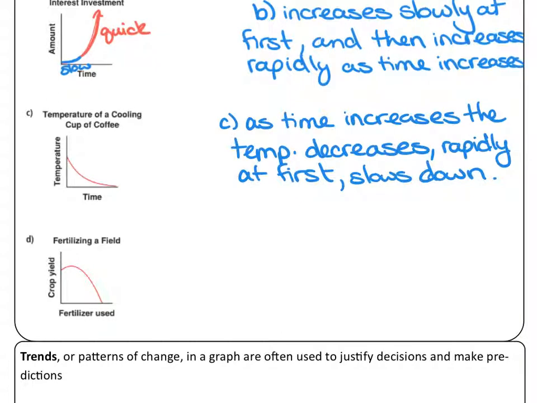The last one is a little bit more interesting. We're going to fertilize a field, and we got crop yield and fertilizer used. So it's looking at how much fertilizer we used versus our crop yield. Now you'll notice that it starts high at first, goes up to a maximum, and then comes back down. So you can say rises slowly until a maximum.